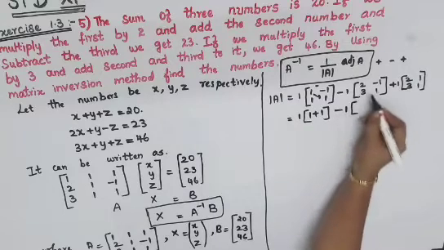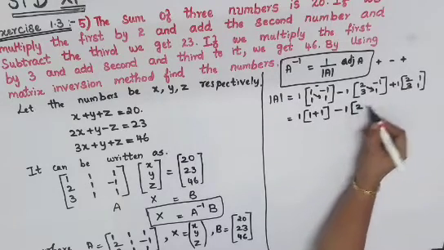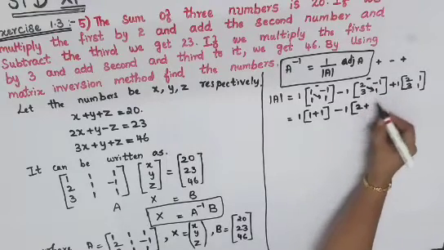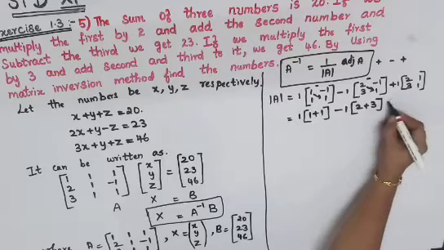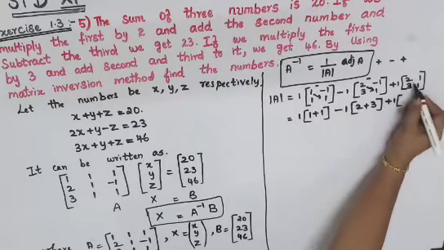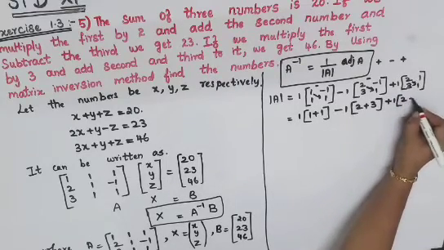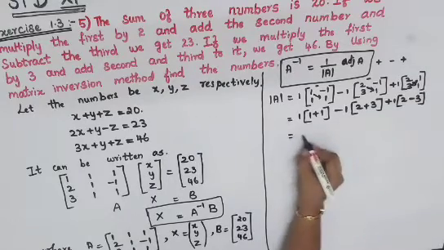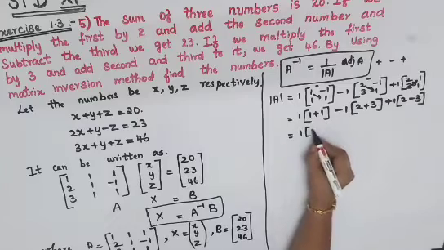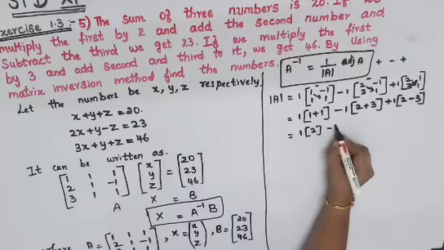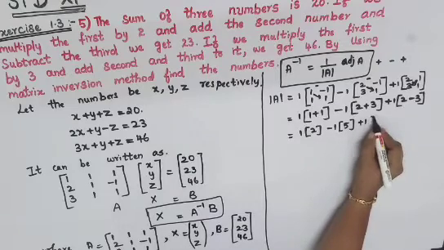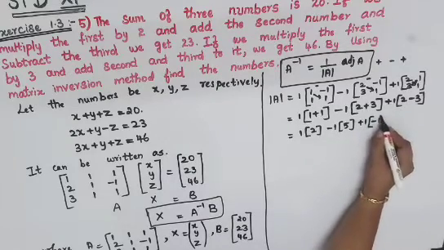Minus 1 into 2 ones are 2, inbuilt minus will be there, so minus and minus will become plus, 3 ones are 3, plus 1 into 2 ones are 2 minus 3 ones are 3, which is equal to 1 into 1 plus 1 is 2 minus 1 into 2 plus 3 is 5 plus 1 into 2 minus 3 is minus 1.